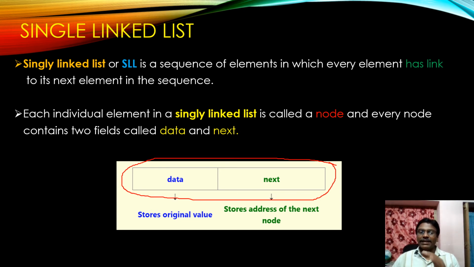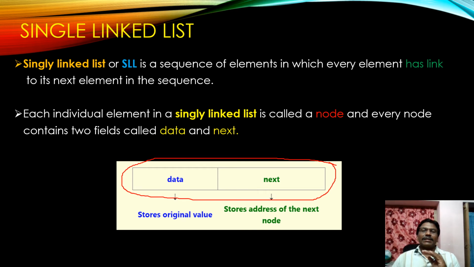The data is nothing but the actual information, the original value, stored in the data part. And the next part holds the address of the next node. That is the linking from one node to another.